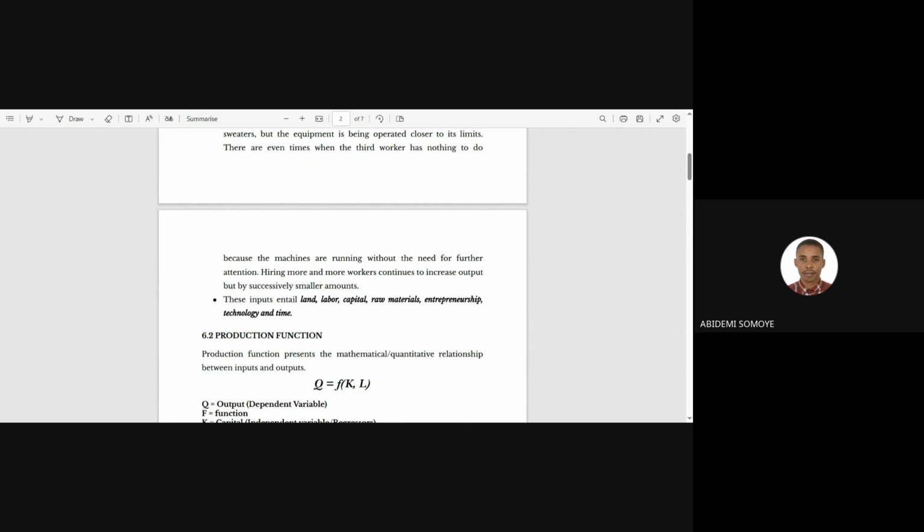Okay, so those resources that you need to produce those goods and services, what are they called? They are called the factors of production. And what are these factors, or what are these inputs? Land, labor, capital, raw materials, entrepreneurship, technology, and time.